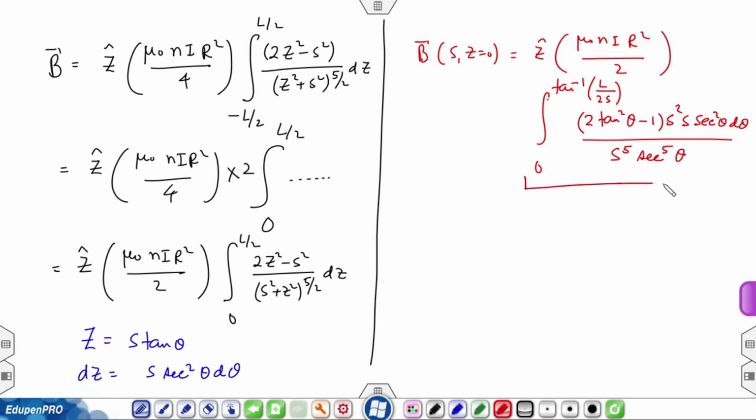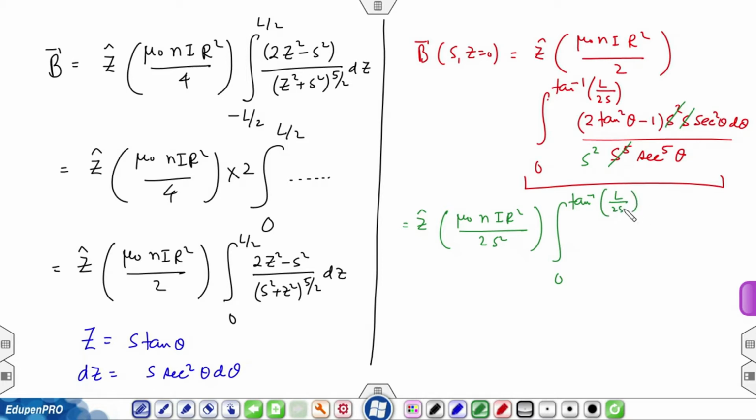This integral is quite easy to evaluate. So, let me just focus on the θ integral. This s² and s give me s² here. So, this becomes in the z direction μ₀ n I r² over 2s², 0 to tan⁻¹(L/2s). You simplify this secant² and all that, and you end up getting (2 tan²θ − 1) cos³θ dθ. I will right now focus only on this integral.